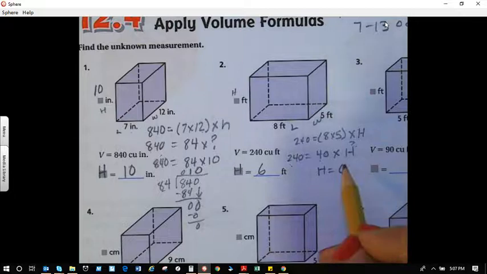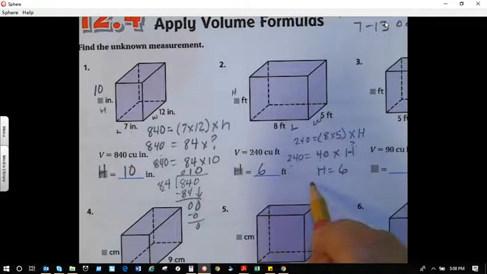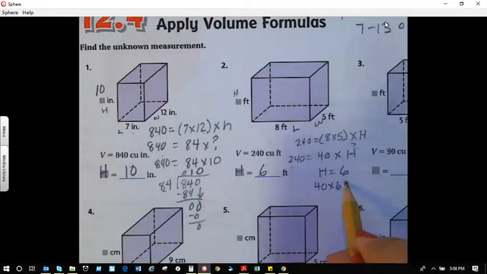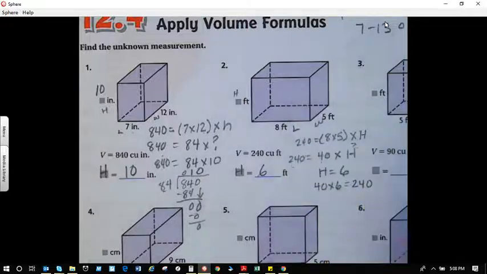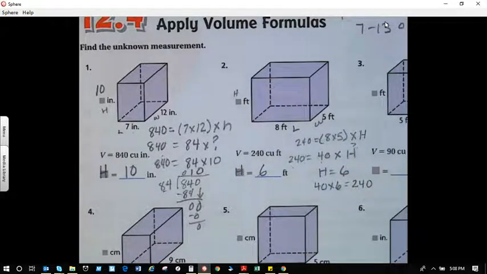The way I did that is if I multiplied 40 times 6, that's going to give me 240. And again, it's the dividing, so we're moving over. We showed this in class several ways, so I want to make sure that you completely understand.